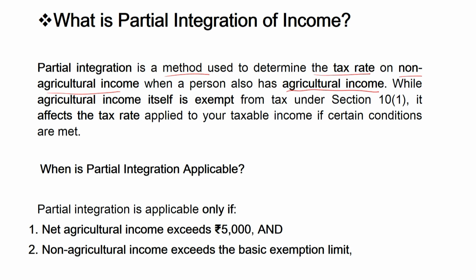While agricultural income is exempt under section 10(1), it may affect the tax rate applied to your taxable income from other sources if certain conditions are met. It is applicable when the net agricultural income of the assessee exceeds rupees 5,000 and non-agricultural income exceeds the basic exemption limit of 2,50,000 rupees.